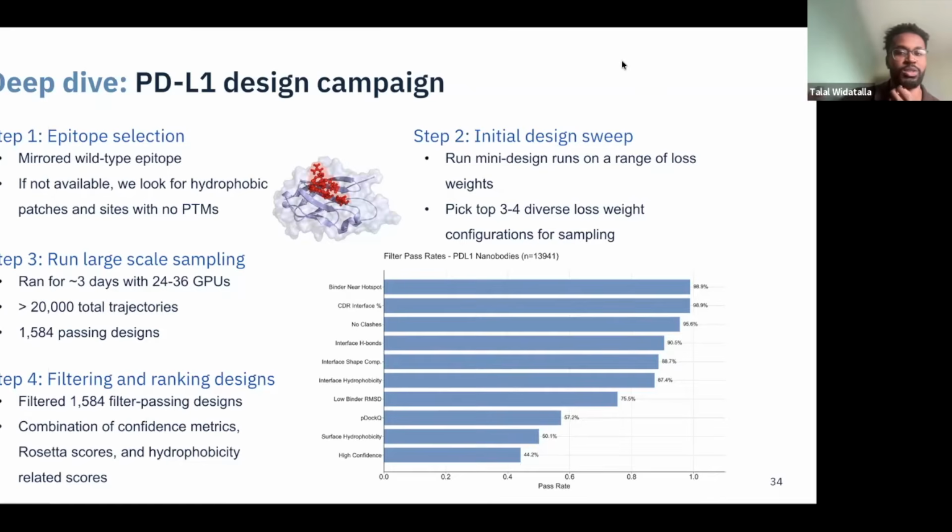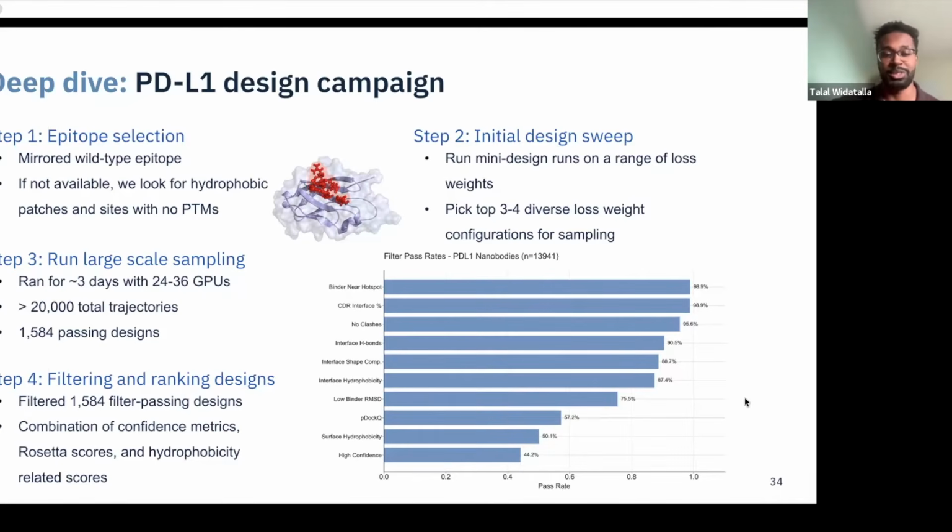This means these are the GPUs that people aren't using, so you can use them for free. These are like the background GPUs. So for 3 days on 24 to 36 GPUs, and this is a lot of compute, we understand, this may not be accessible to a lot of labs, we ended up with 20,000 total trajectories. And from that, we got 1,500 completely passing designs.